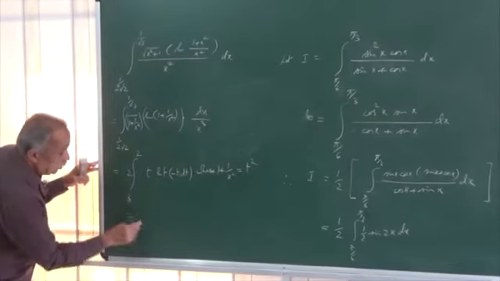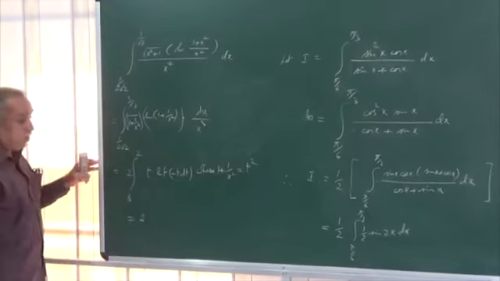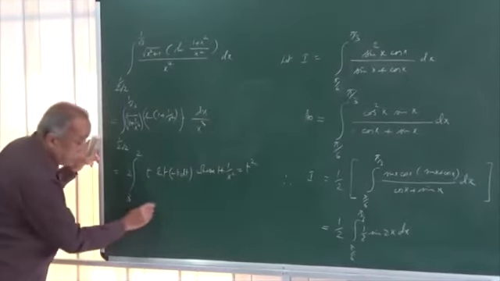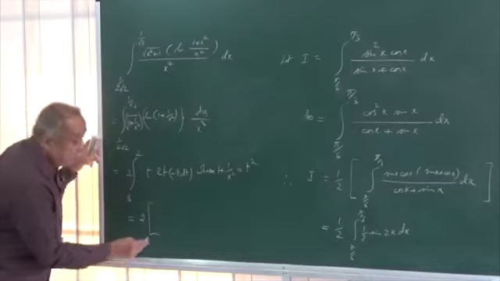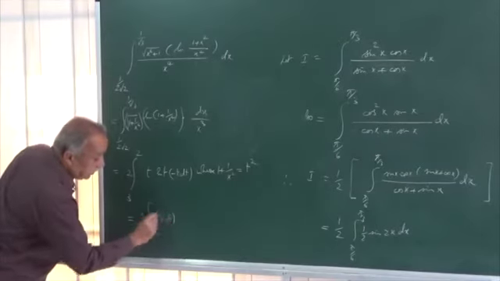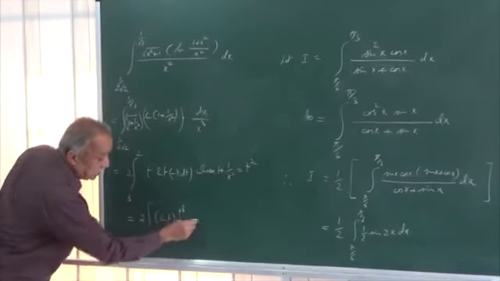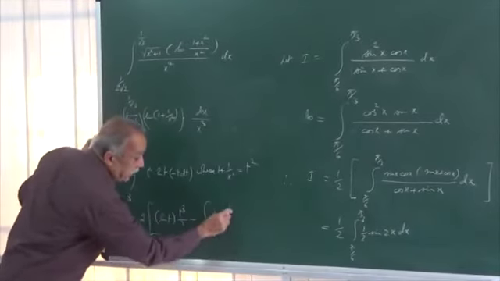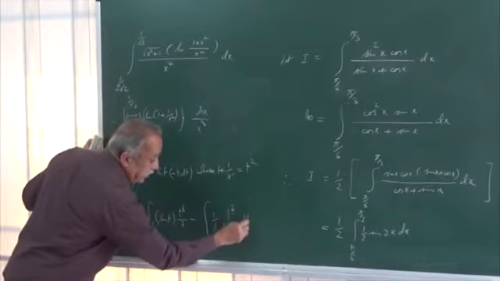it becomes 2 into integral 2 to 3 of t square log t dt, which is obtained by the method of integration by parts. First function log t, integral of the second, t cube by 3, minus integral of derivative of first, 1 by t, into integral of second, t cube by 3 dt.